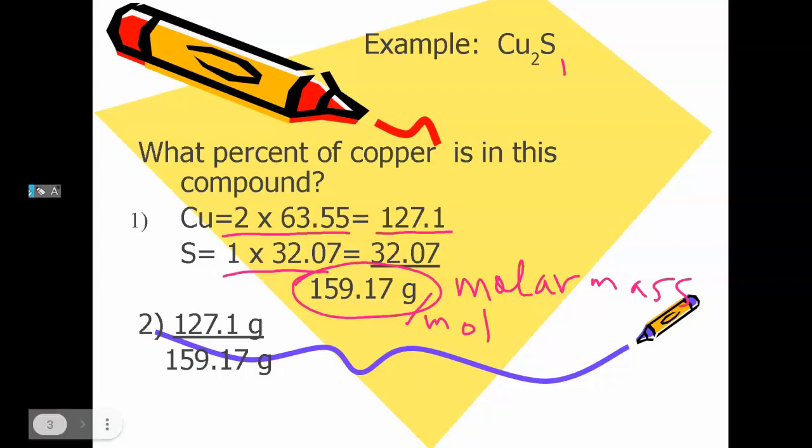Okay, so when I do the math, I'm going to remember to multiply this by 100, and when I do the math, I get 79.9% of this is copper. That means the other 20.1% will be represented by the sulfur. But this question was really only asking what percent of copper is in this compound.